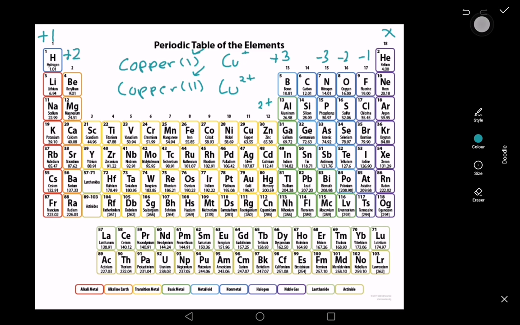I think that's it for how we identify the type of ion. Next, after we identify the types of ion, we can write the chemical formula of the ionic compound. An ionic compound is a combination of positive and negative, the cation and the anion.